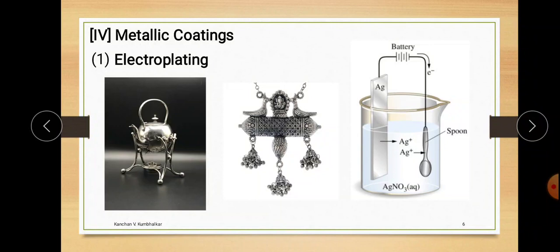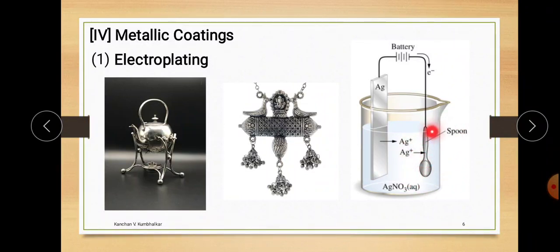And the galvanizing method means a metal coating of zinc on an iron article or any article. If you are giving a coating of zinc, then that process is known as the galvanizing process. Now, in electroplating, the object to be plated is made the cathode of the cell. This is the spoon.